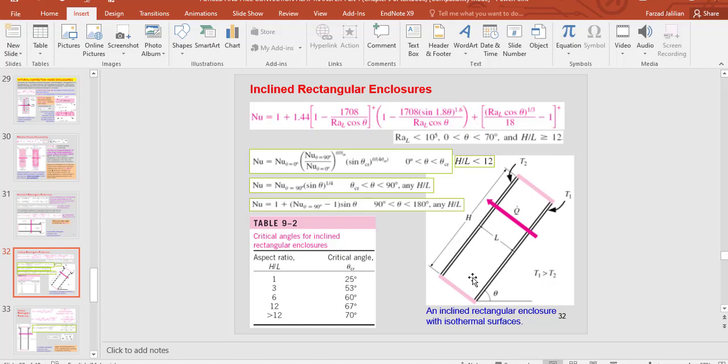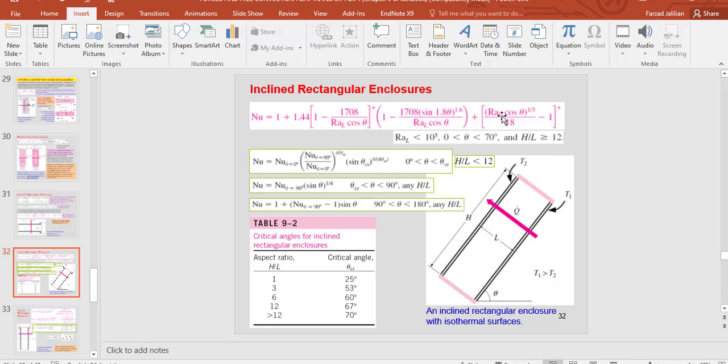As you can see here, H is in this direction, or normal to the heat transfer direction, and L is the distance between two surfaces with different temperature, or parallel to the heat transfer direction, the convection heat transfer direction.